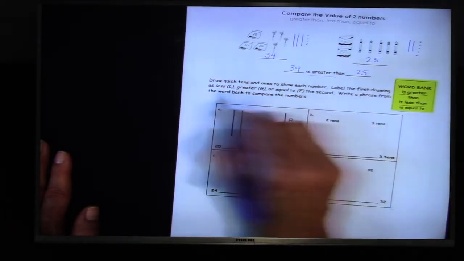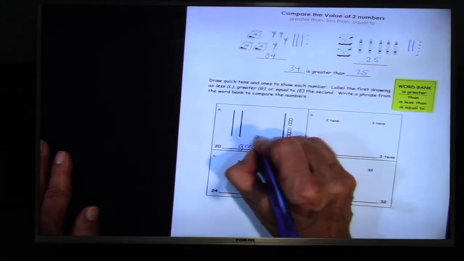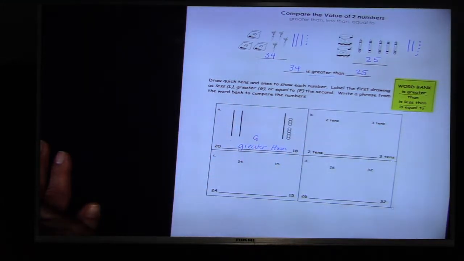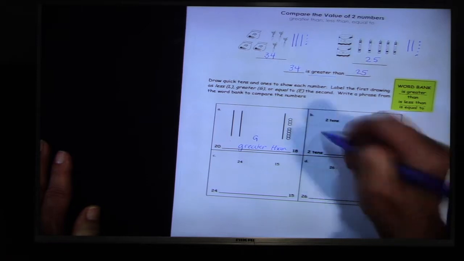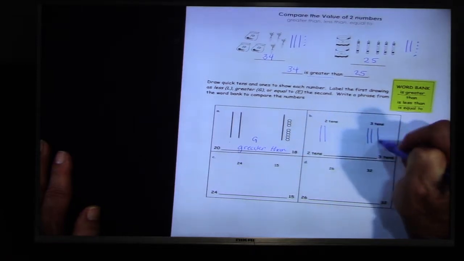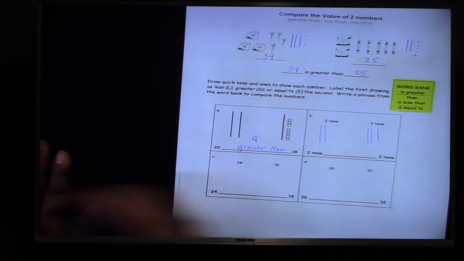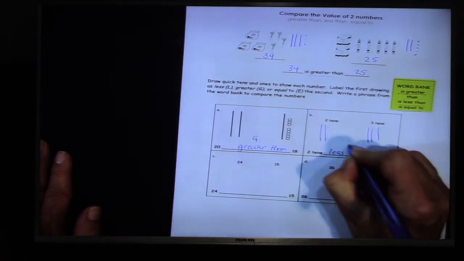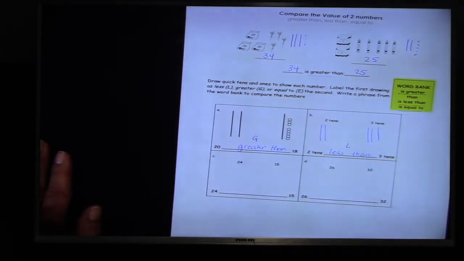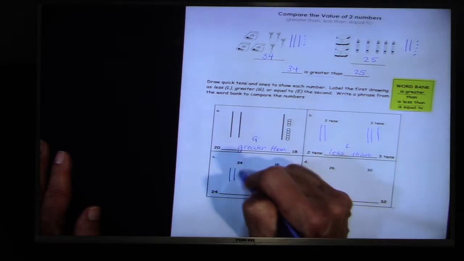Now, up here, they said we could use letters. We don't go very far down that route. We go from the words to the symbol, but we're not trying to torture the kids by making them write. We want to make sure they're understanding what's going on. 2 tens and 3 tens. I am going to make them draw it. So 2 tens would be less than, and it uses the L. I don't have an equal than on here.